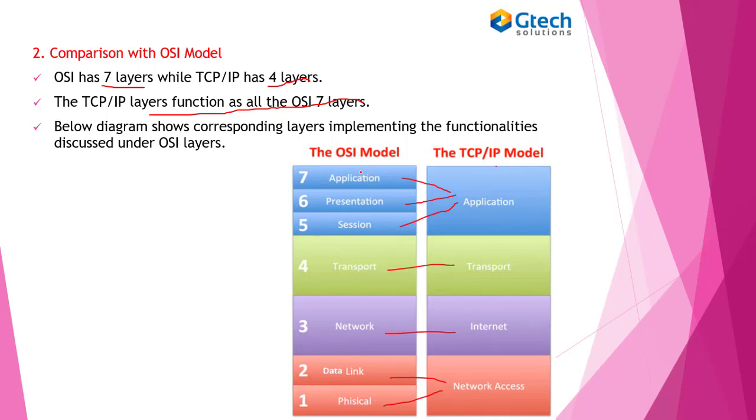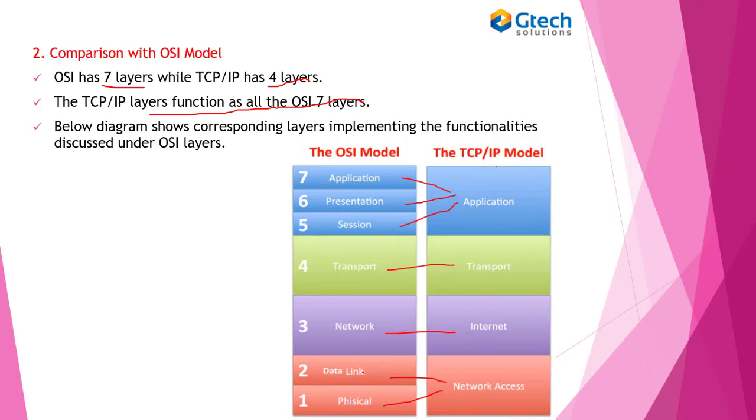So the top three layers of OSI model function the same as the first layer of TCP model. Then the transport layer of OSI model functions the same as the transport layer of TCP model. The network layer of OSI model functions the same as the internet layer of TCP IP model.